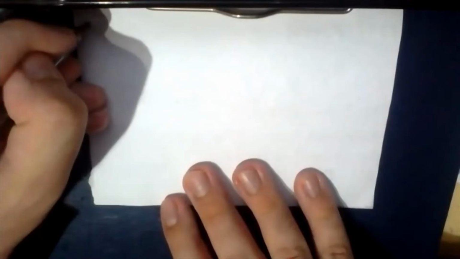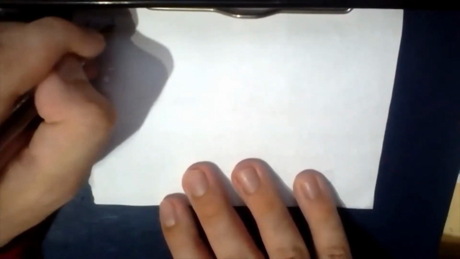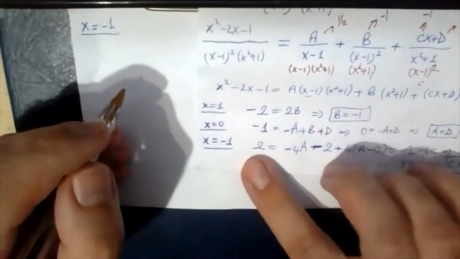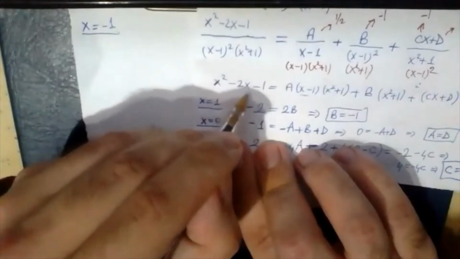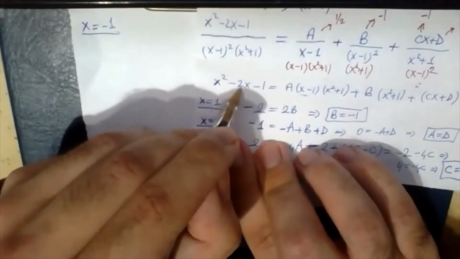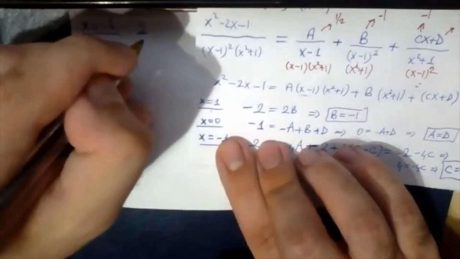So we can continue. We let x is equal to 1, x is equal to 0. Let this time say x is equal to minus 1. Then when x is equal to minus 1, x square minus 2x minus 1 will be 1 plus 2, 3, minus 1, which is equal to 2.